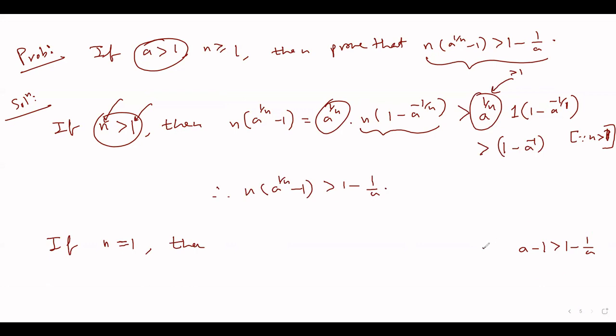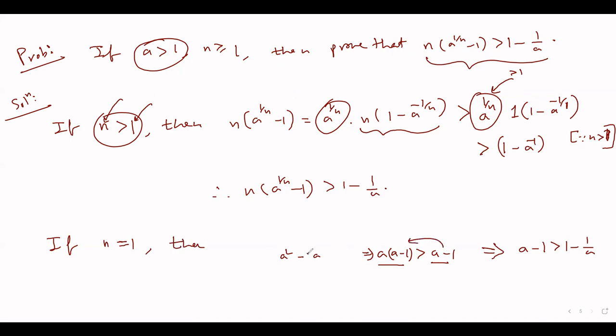Now let's apply the grand principle of back calculation. If we can manage to prove that, let's multiply by a on both sides. So a times a minus 1 is greater than a minus 1. And this would be true if we just had, we have a square minus a here.